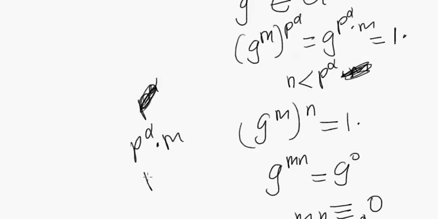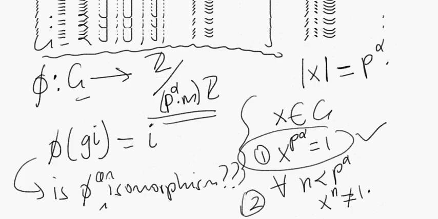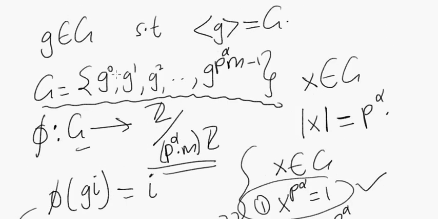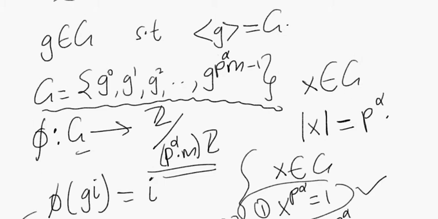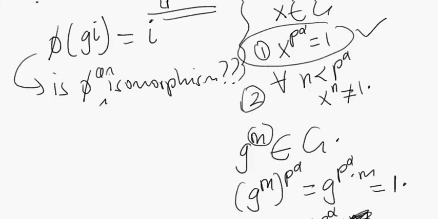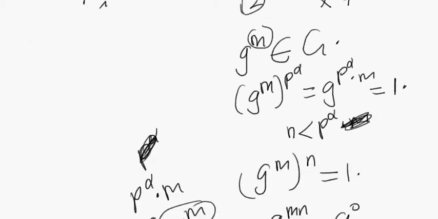Don't we get mn that is one of these powers, g to the 0, 1, 2, but certainly less than p to the alpha times m? But all of these elements have been taken to be non-identity, unless the power equals 0. Not sure if we need to explain this any further.